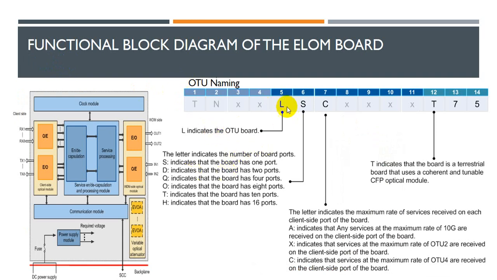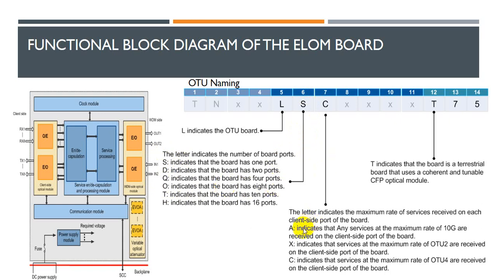L means this is an OTU board, that is the main thing. Then S means single, but there can be many alphabets. In ELOM's case it is O. So this is LO, 8 boards, octa.